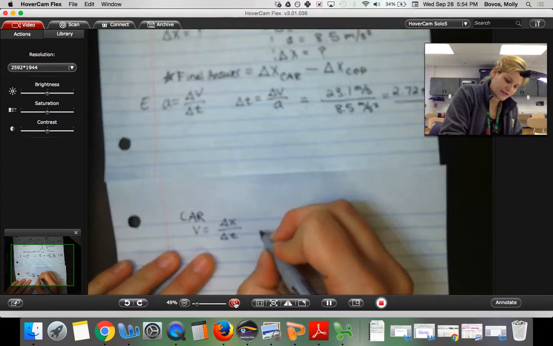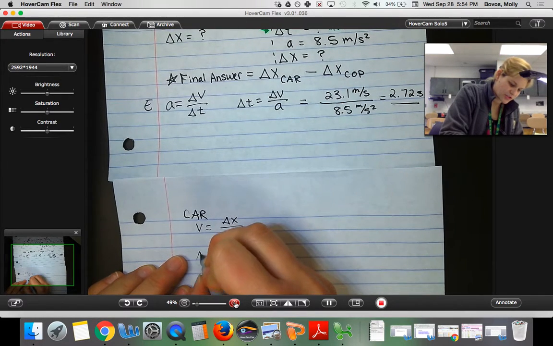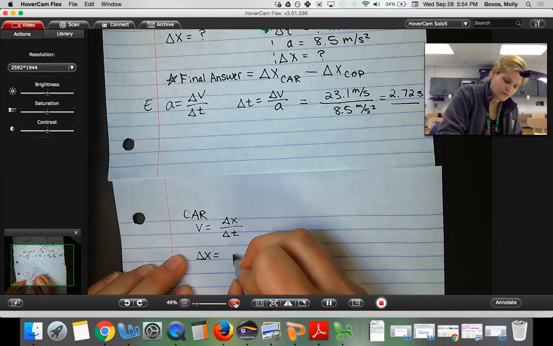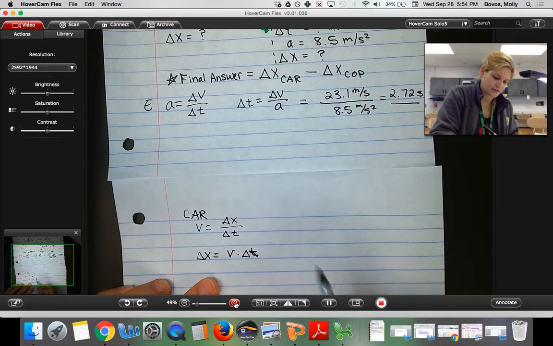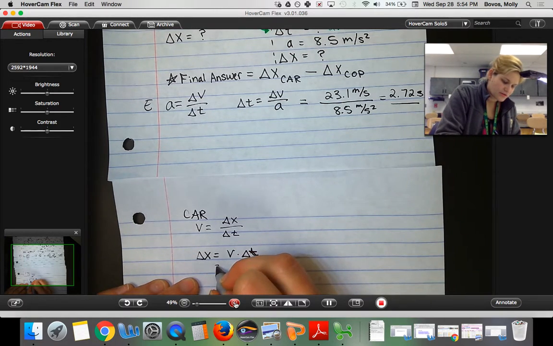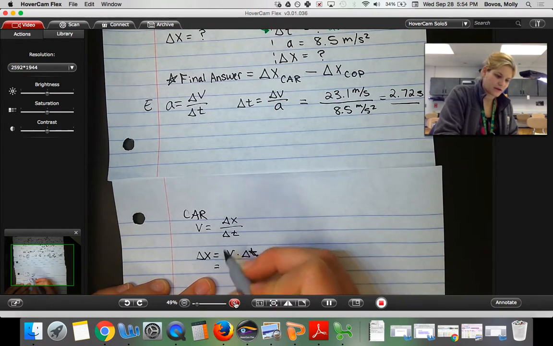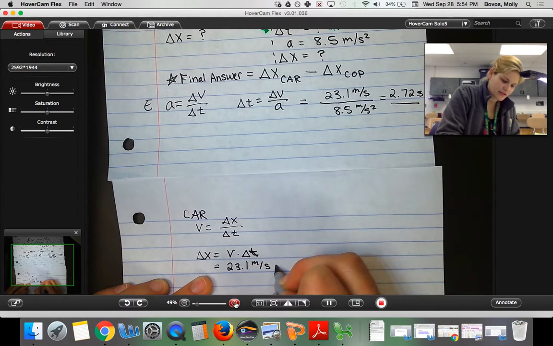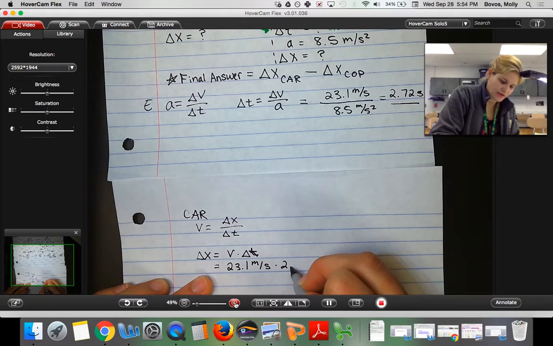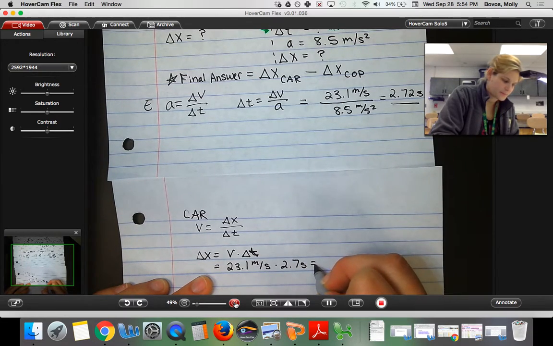So I need to rewrite this as change in position is equal to velocity times my change in time. Let's just write it like that. I know it's sloppy, I'm sorry. So that's equal to then my 23.1 meters per second times that time that I just calculated, 2.7 seconds.